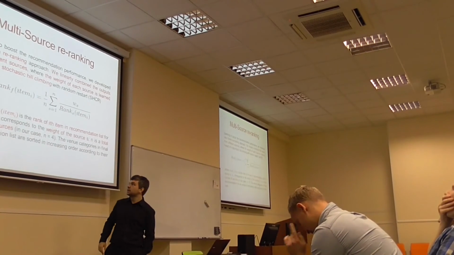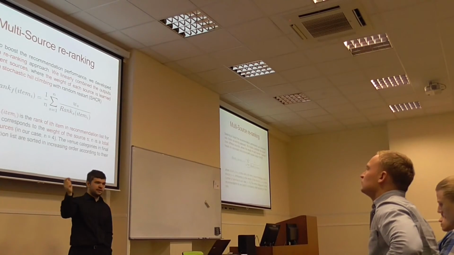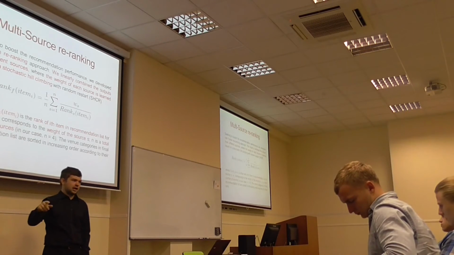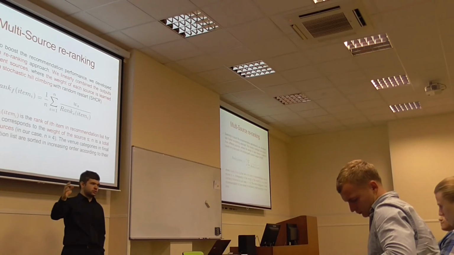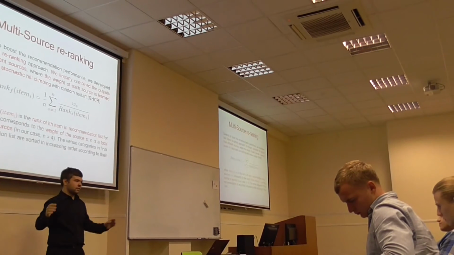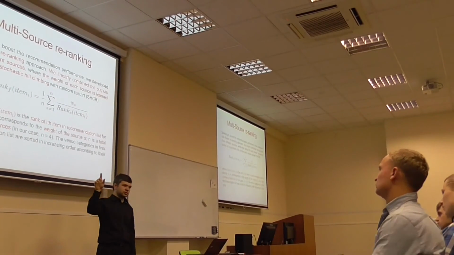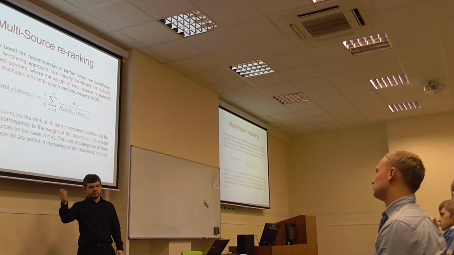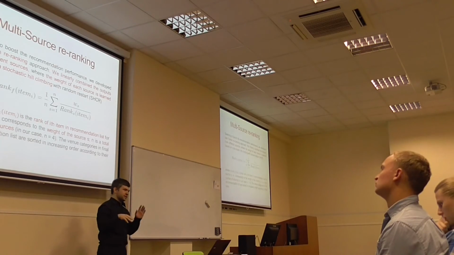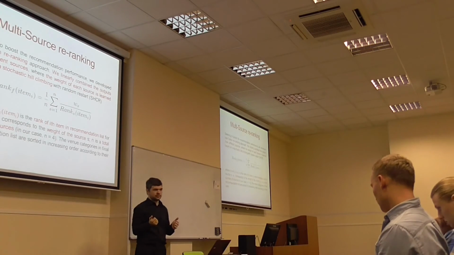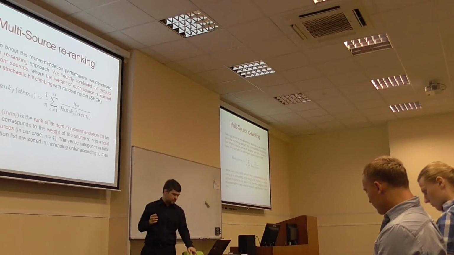So for example, if one guy is recommended restaurant, mall, and for example cafe from a text source, and restaurant, mall, and train station from the image source, and then the search source something else, we will combine all these positions together, and then sort in ascending order, and give the final result. And of course we will weight each of these sources because we assume that each source has a different impact on the final result. And it's very easy, but it works.